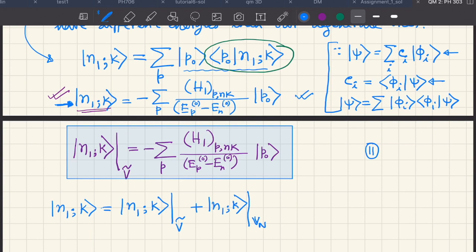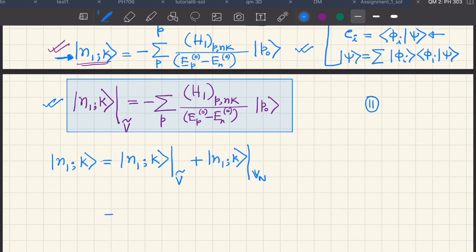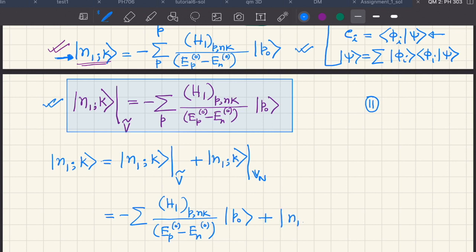But we already have evaluated N1K along V tilde, so I will substitute that, and this will be H1 P Nk divided by E P naught minus E N naught, times P naught ket, plus N1K along Vn.